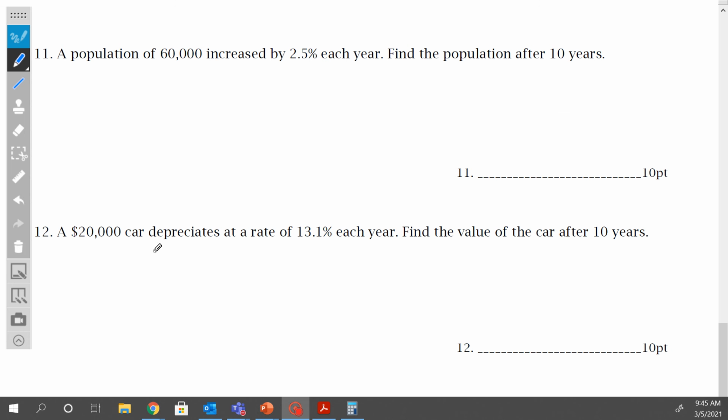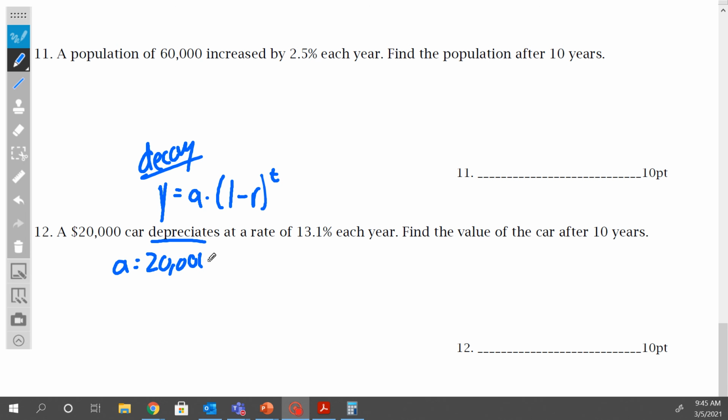Number 12, a $20,000 car depreciates at a rate of 13.1% each year. Find the value of the car after 10 years. Depreciates, that would be decay. So y equals a times 1 minus the rate to the t power. In this case, a is the starting amount, which is 20,000.